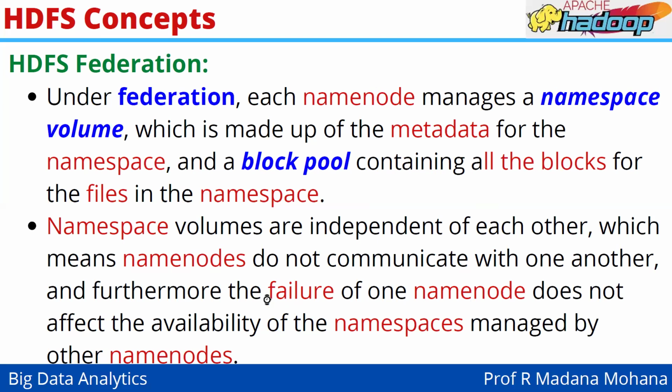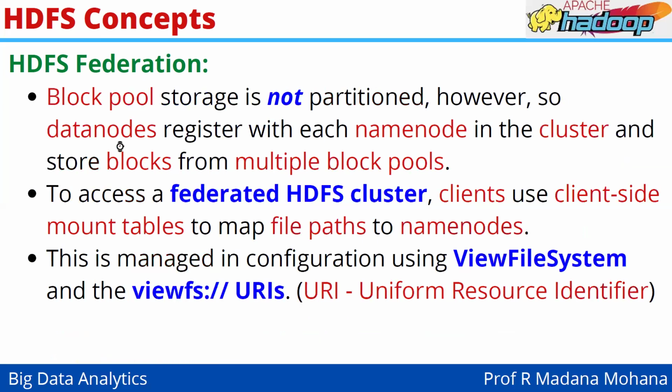Furthermore, the failure of one name node does not affect the availability of the namespaces managed by other name nodes. Block pool storage is not partitioned, however, so data nodes register with each name node in the cluster and store blocks from multiple block pools.